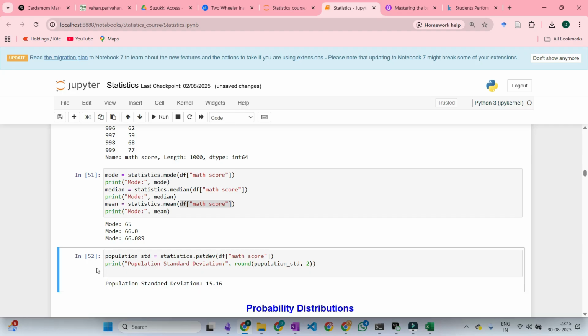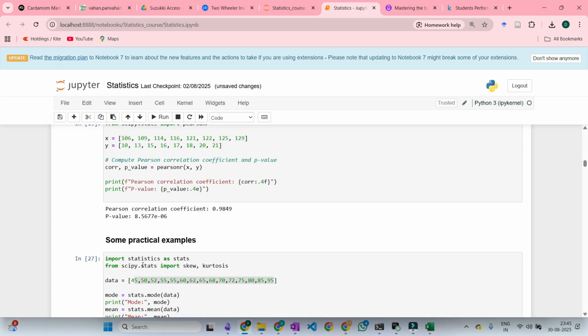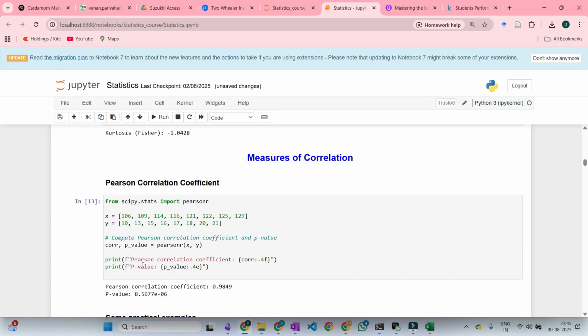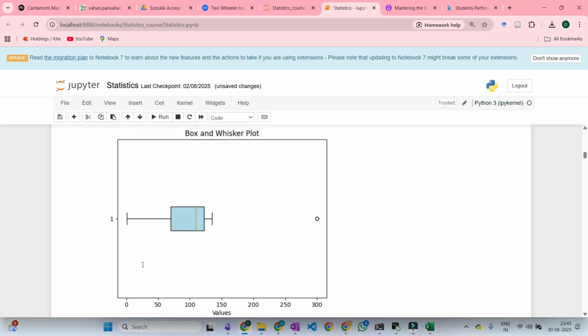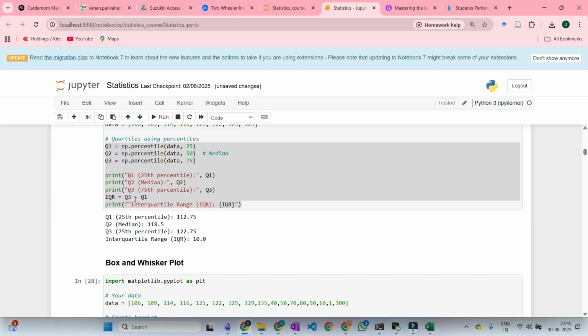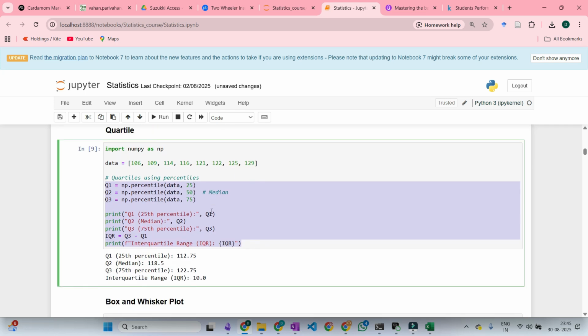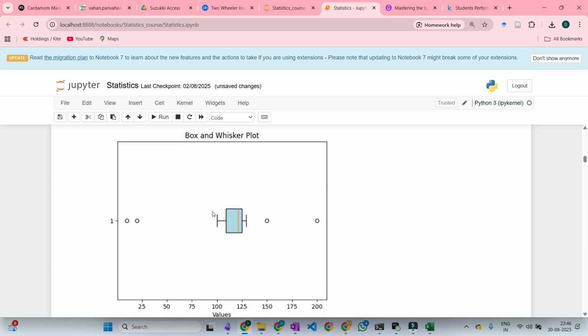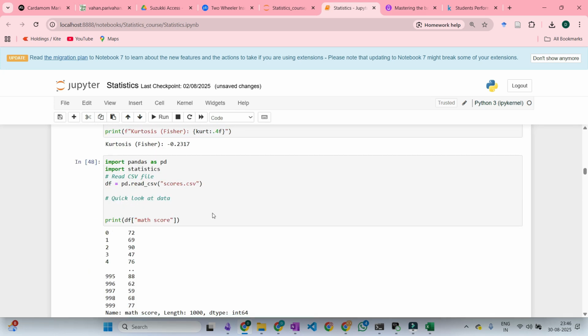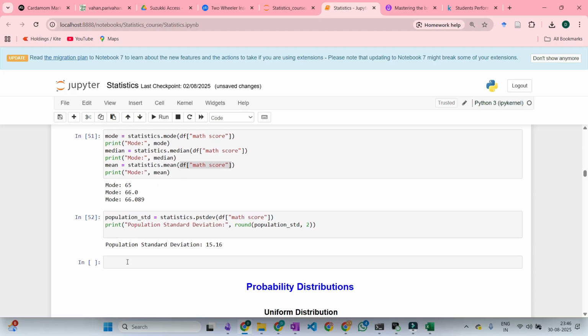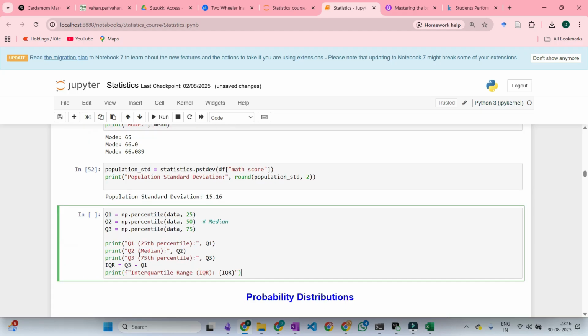Now let us find out the quartiles. I am using this formula for the quartiles, that is the first quartile, second quartile, third quartile, etc. You can see it here.